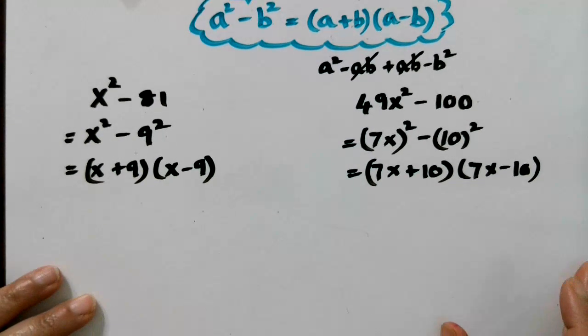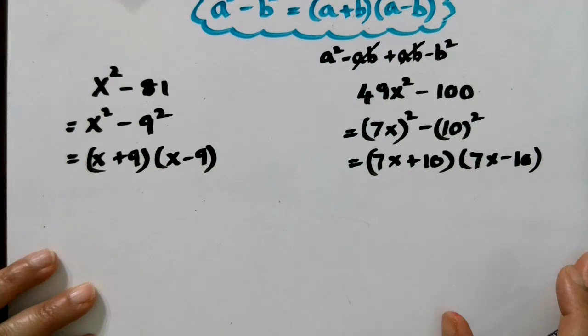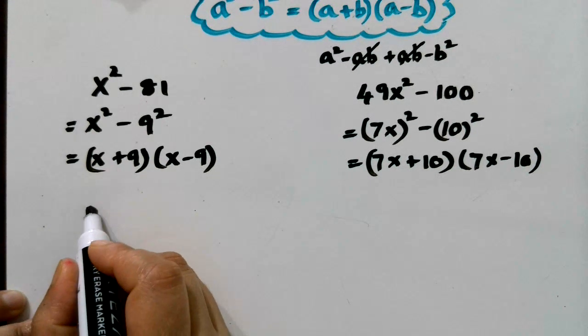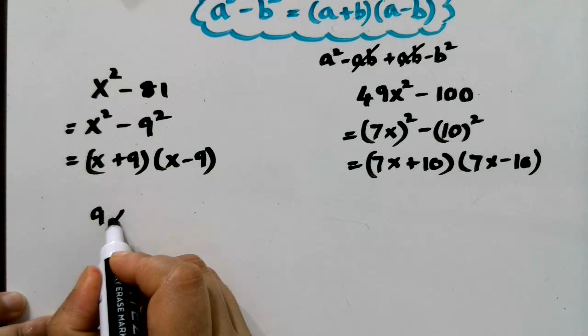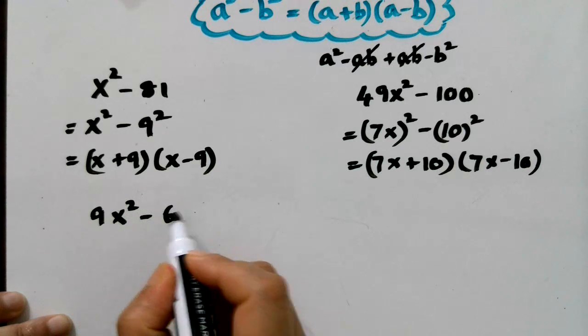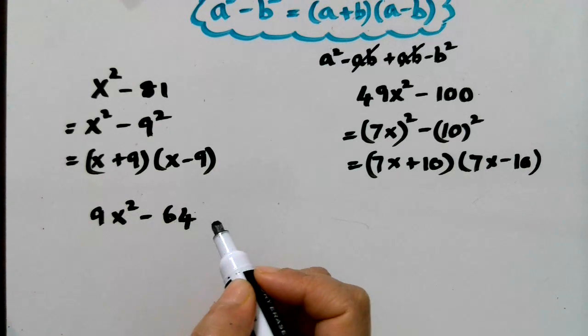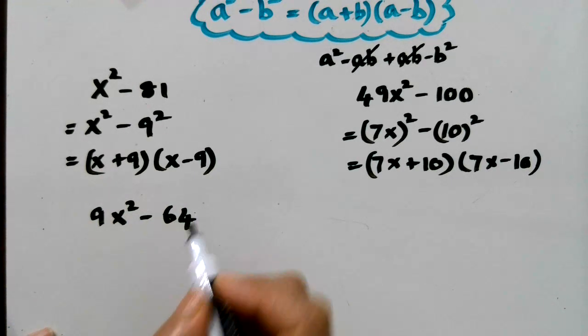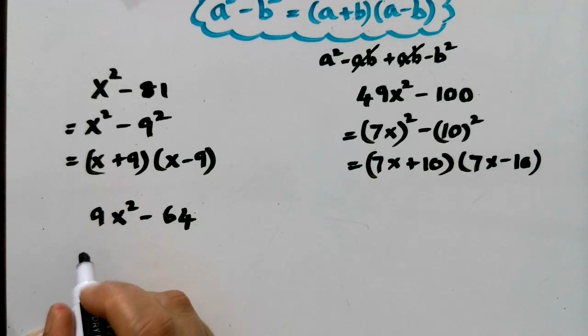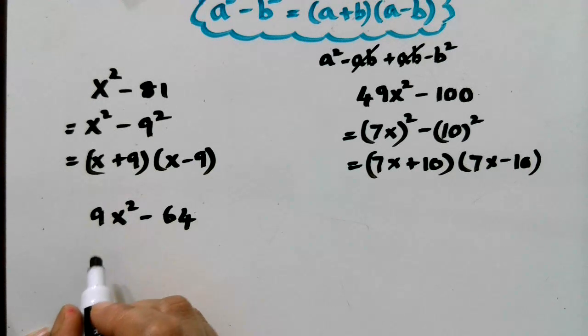Okay, let's do a similar problem. If you want, you can pause the video and try on your own after I put the problem. 9x squared minus 64. And we have to factor it. Difference of perfect squares, okay? But we have to write it in the form a squared minus b squared.